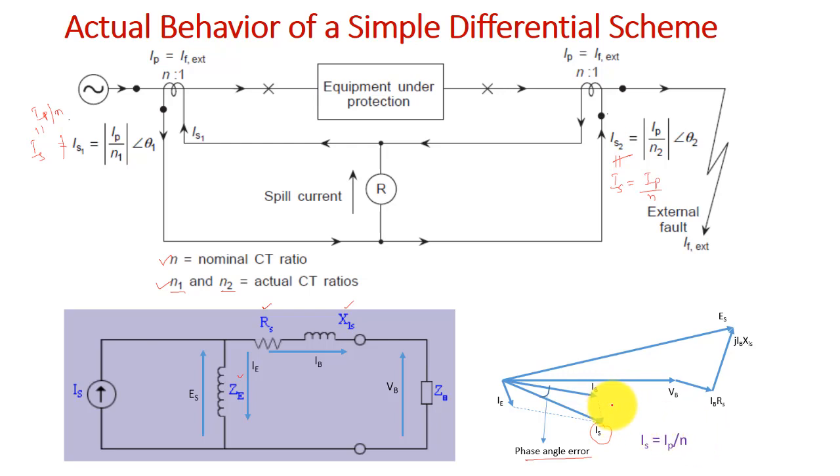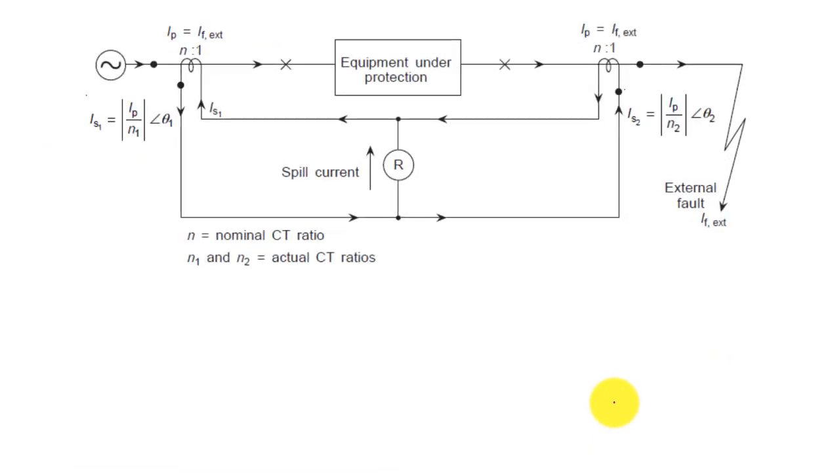IB in fact is IS minus IE. Now let us see what the spill current will be here, right. That is nothing but IS1 minus IS2. IS1 is IP by N1 at angle theta 1, and IS2 is IP by N2 at angle theta 2.